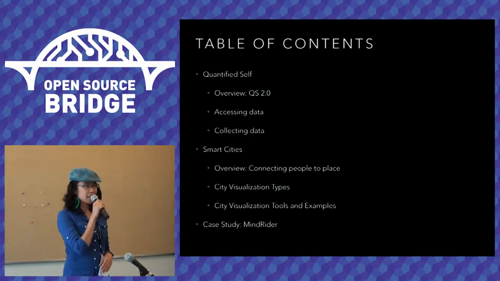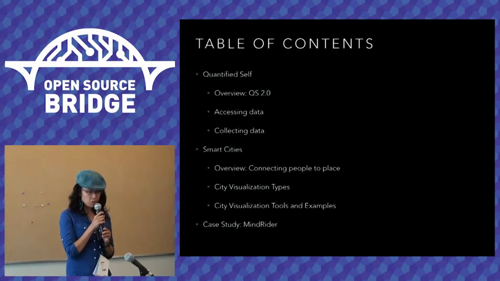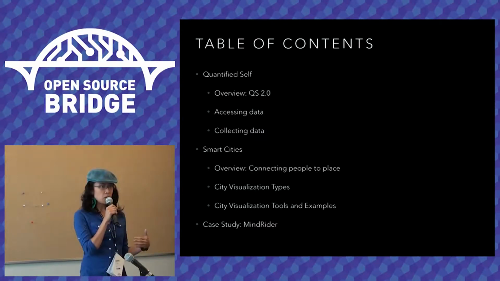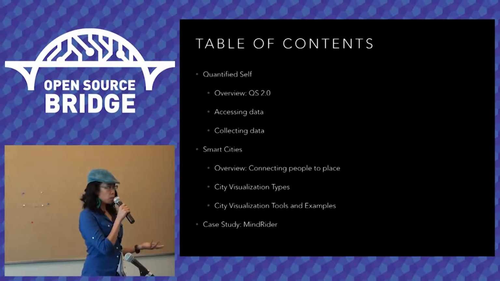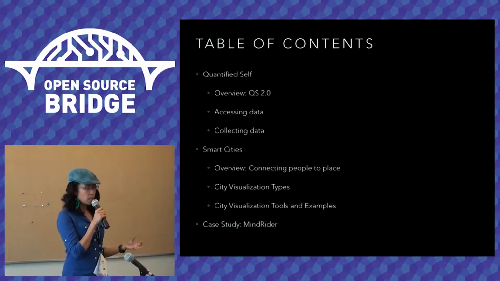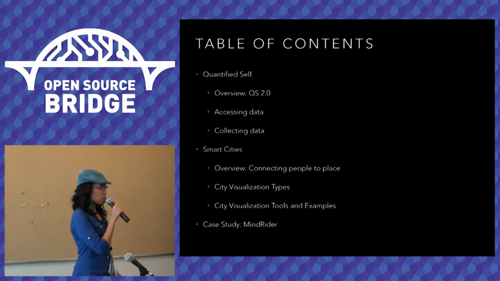Great, thanks. The outline for today is I'll talk a little bit about quantified self and the notion of what it is, some tips for accessing data, and then tips for collecting data, so building DIY sensor systems, from the citizen science perspective.